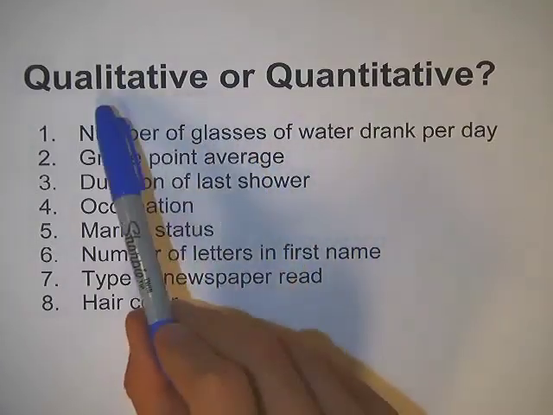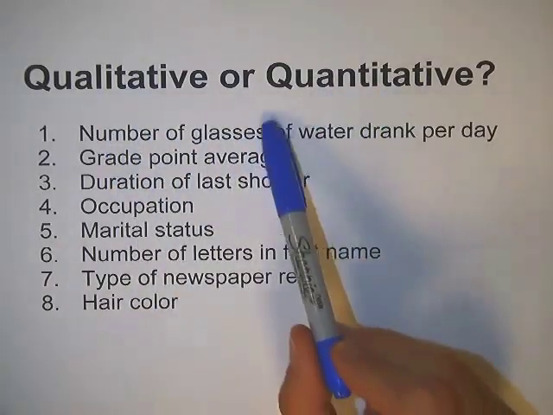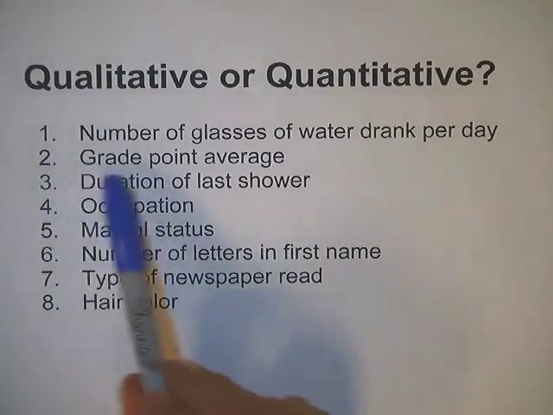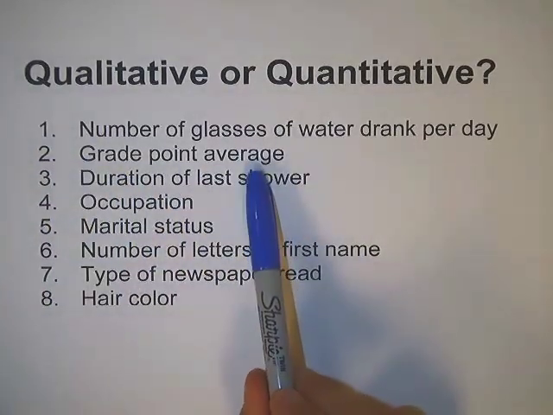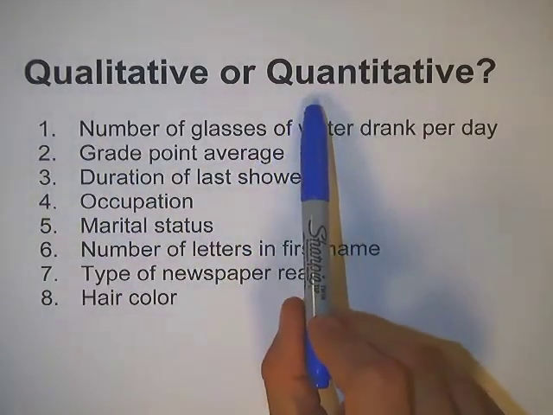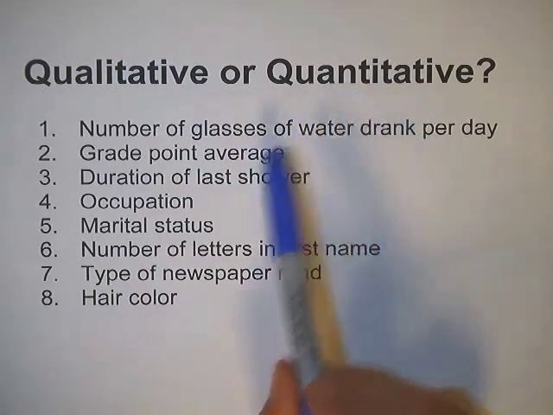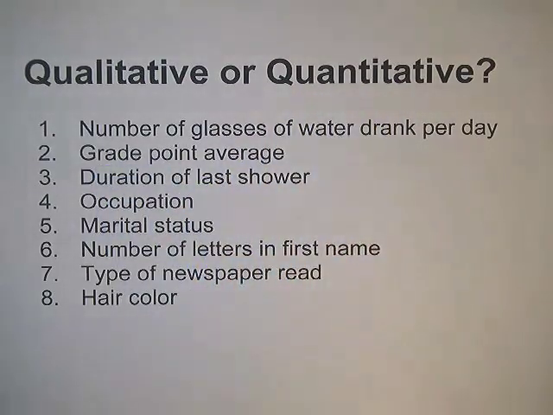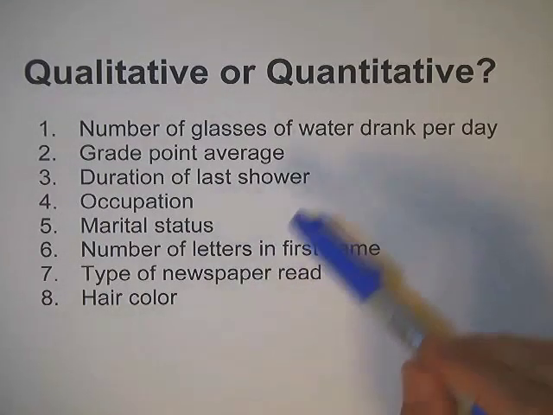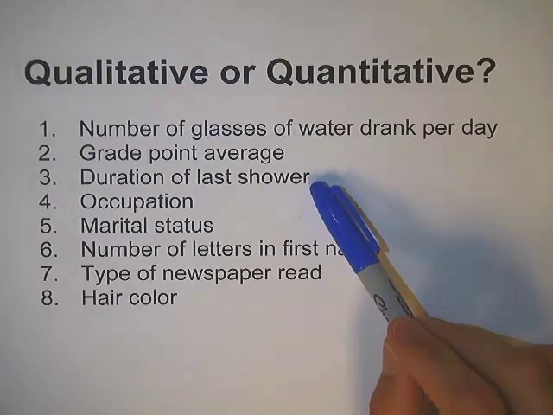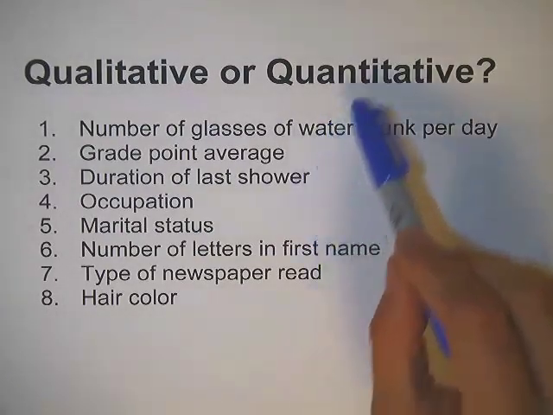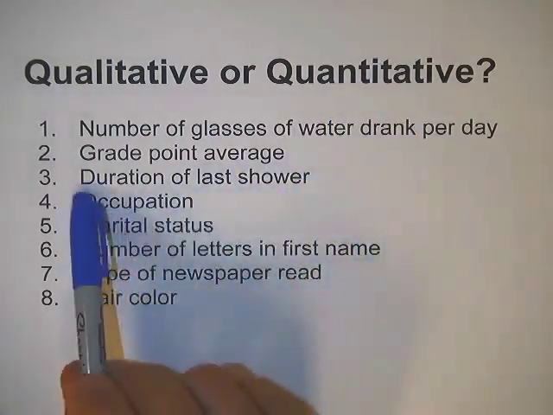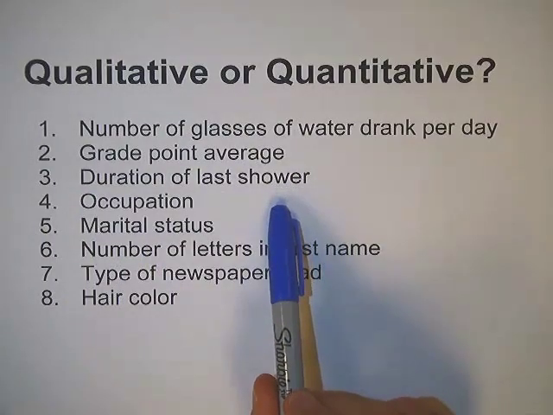It's not representing quality, it's representing a quantity, so that would be quantitative. Two, grade point average. Grade point average is going to be quantitative. You're going to have a number. It would make sense to take the average grade point average of a group of students, so that's going to be quantitative. Duration of last shower. That's also going to be quantitative. It measures how long someone has been in the shower.